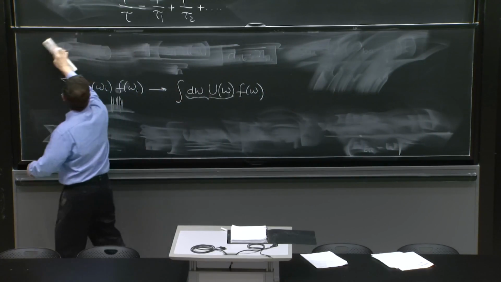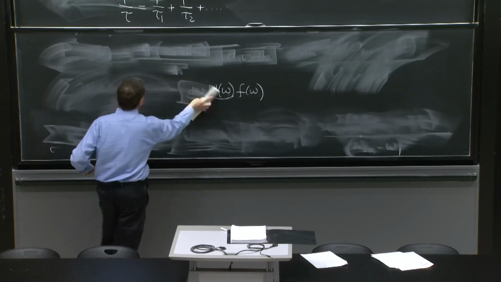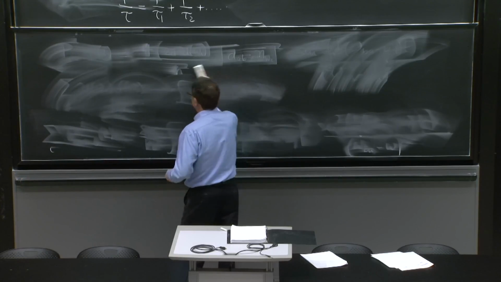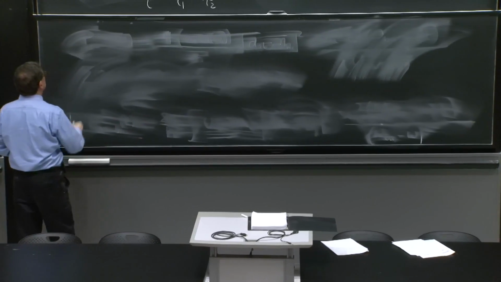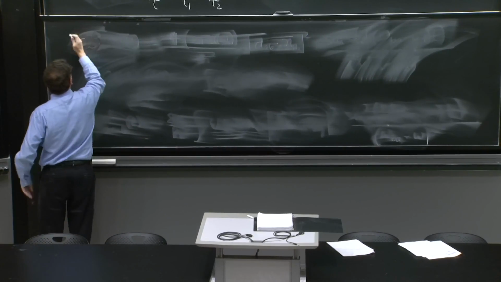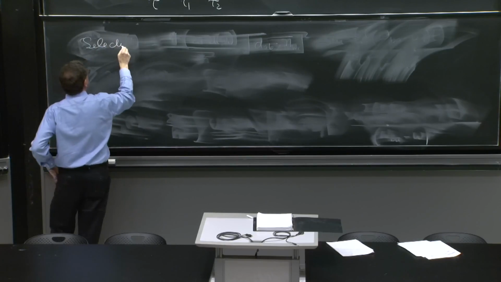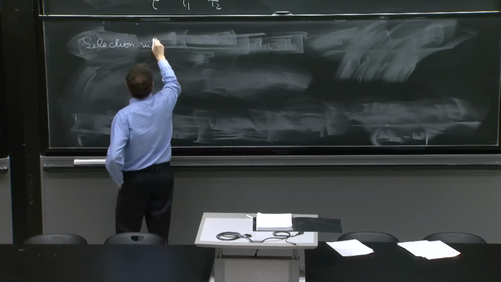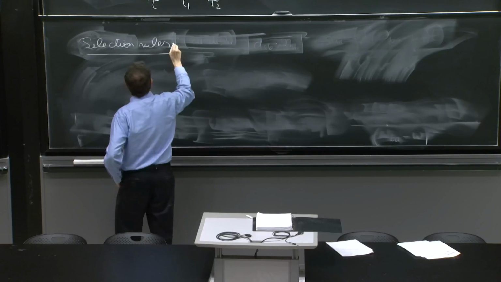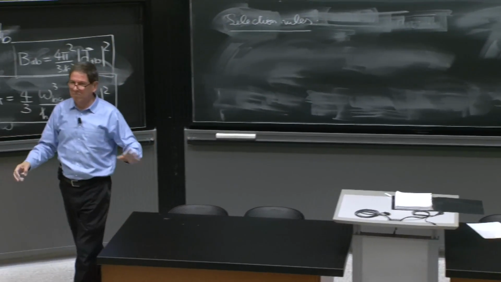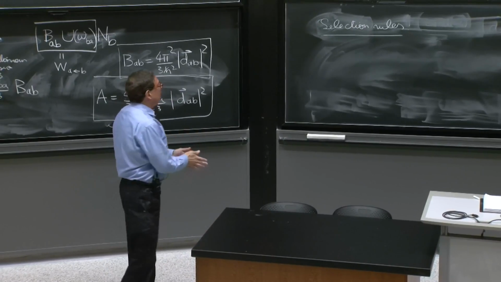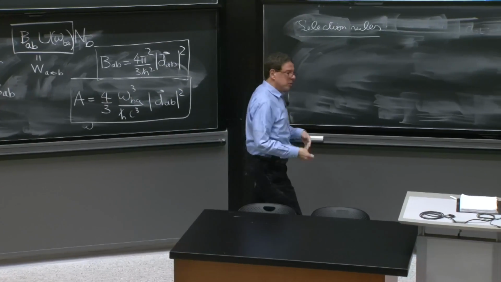We have everything simplified, but still the matrix element is something that you have to calculate. So there are some selection rules. And this will be discussed in recitation. It's pretty important stuff. I'll just mention the results.